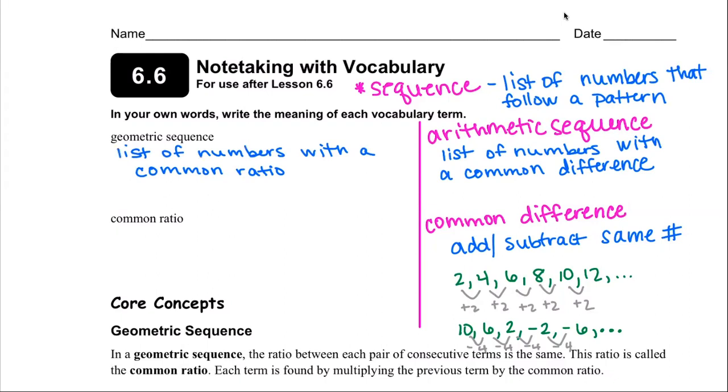Okay, so what does that mean? If we have a common ratio in our sequence, then that means we are either multiplying or dividing the same number over and over.